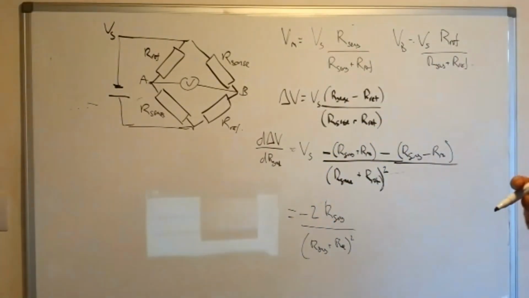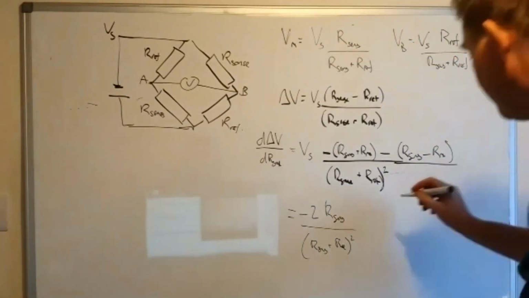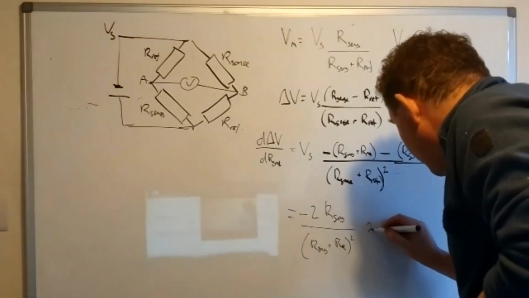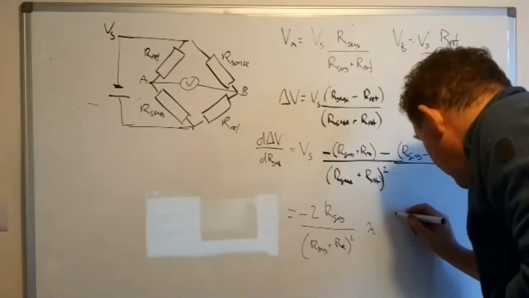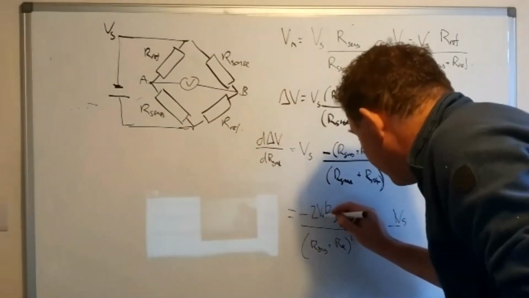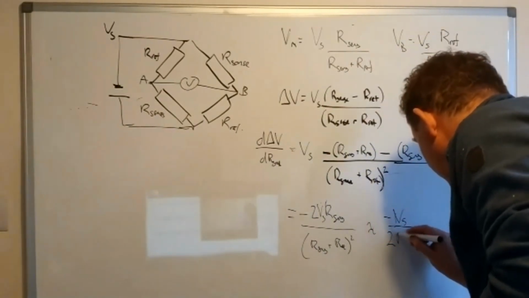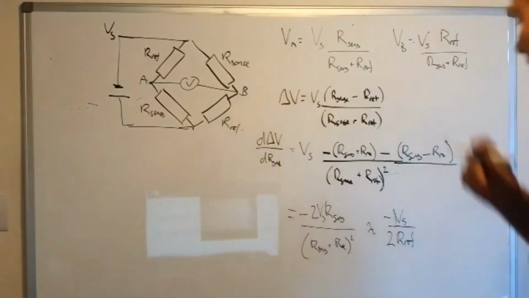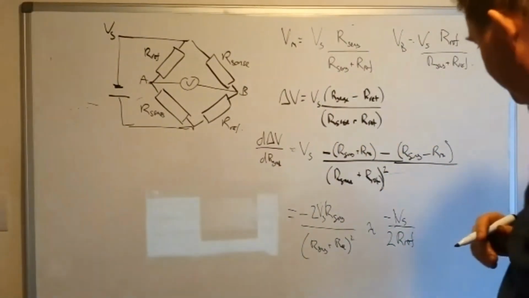And if we take the case where we're trying to make the resistance of the sensor and the resistance of the reference approximately equal, then that ends up being approximately, I missed out the Vs there, minus Vs over 2 R ref, or R sense, it doesn't really matter which way around you do it.